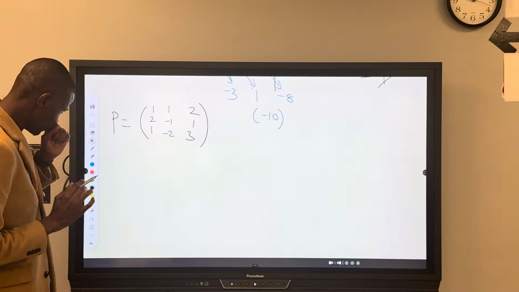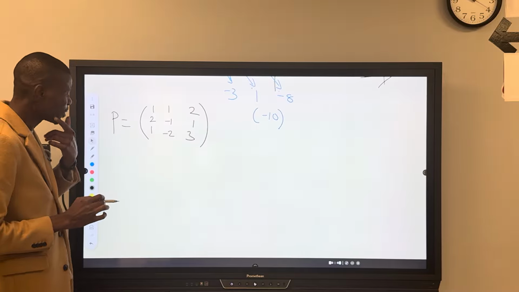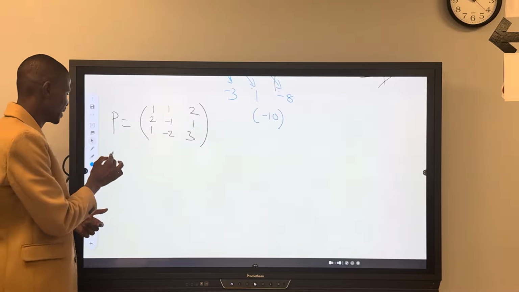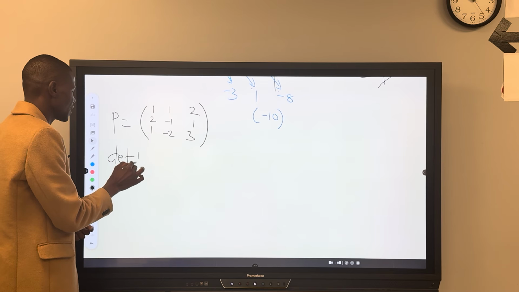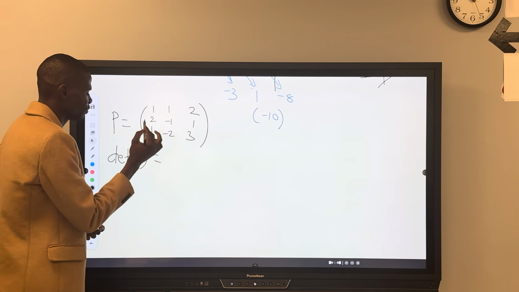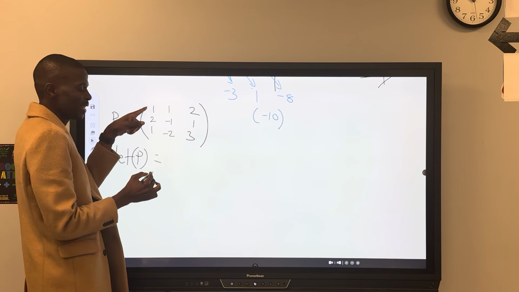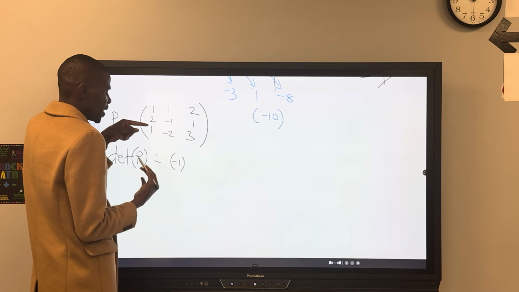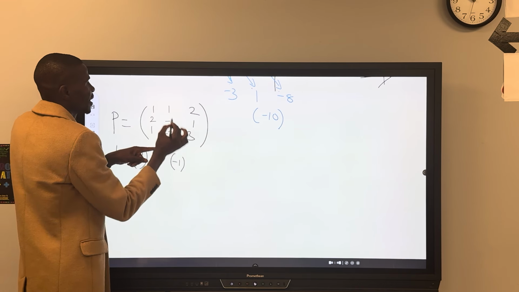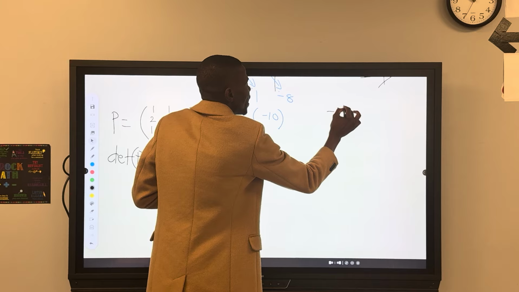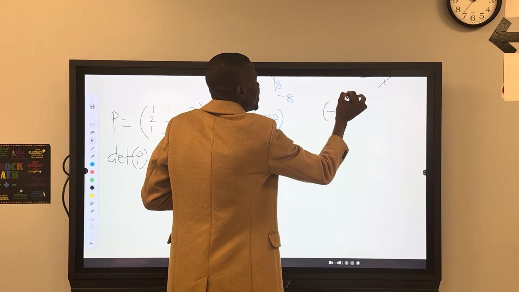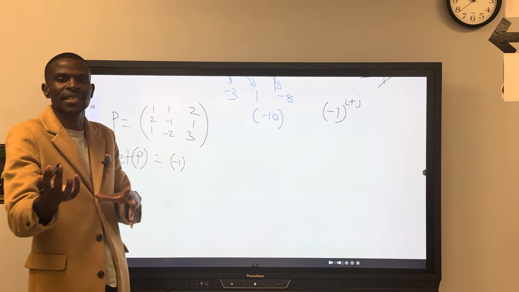When finding the determinant using the method of cofactors, I have to multiply by -1 to the power i plus j, where i represents the row and j the column.